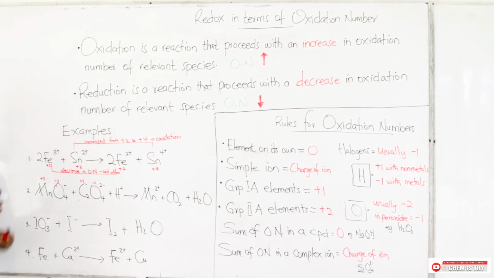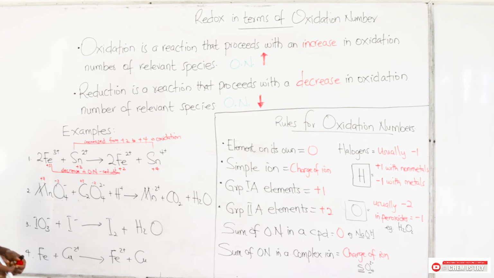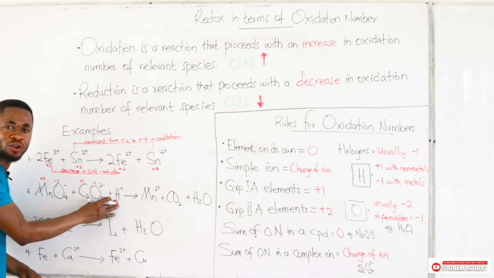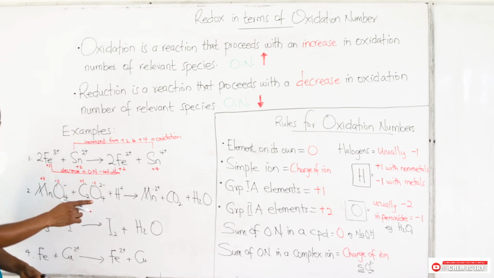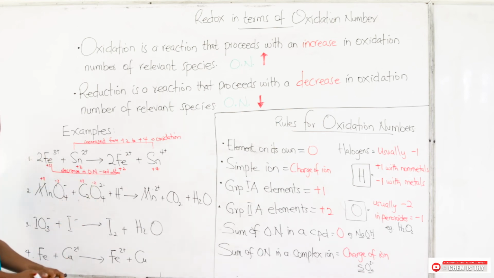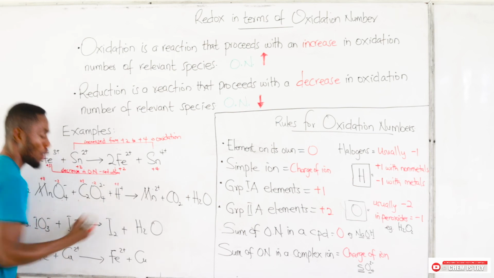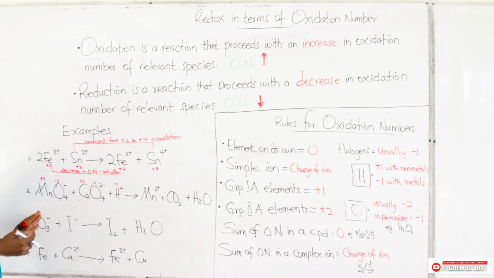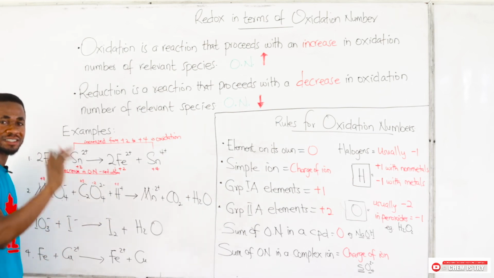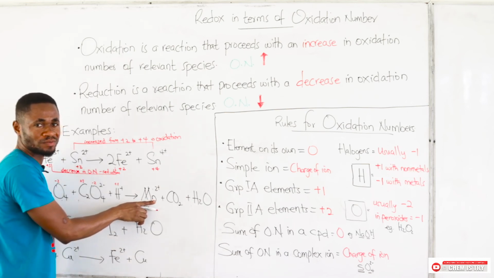You see how we are applying the rules for assigning oxidation numbers? You get there, don't worry. Now for the hydrogen ion, it's a simple ion. And we are saying for simple ions, their oxidation number is equal to the charge of that simple ion. And its charge is +1. We are done with the reactant side. Let's move to the product side. Now we have manganese 2 ions.